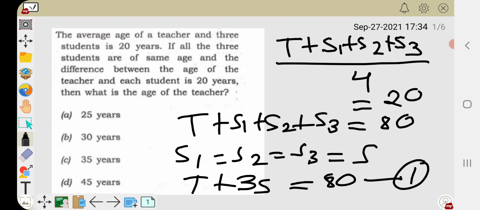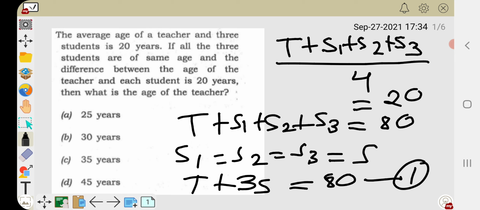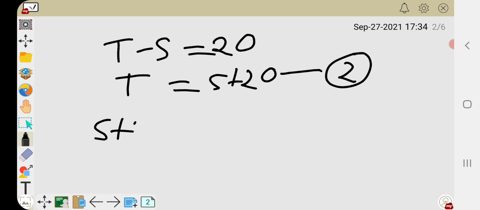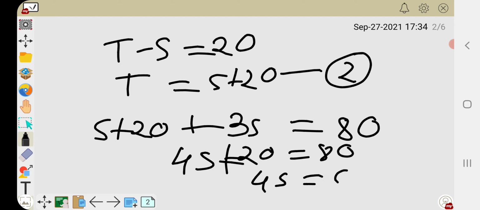Now from equation 1 and equation 2, if we put equation 2 in equation 1, then we will get S plus 20 plus 3S equal to 80. So 4S plus 20 equal to 80 and 4S equal to 60. So S is equal to 15 years.